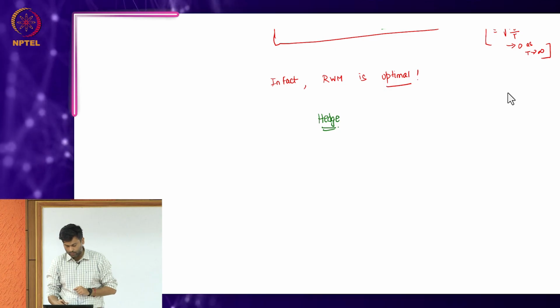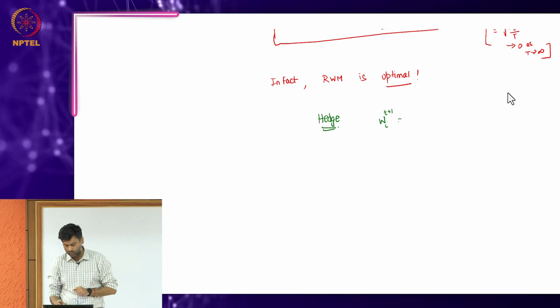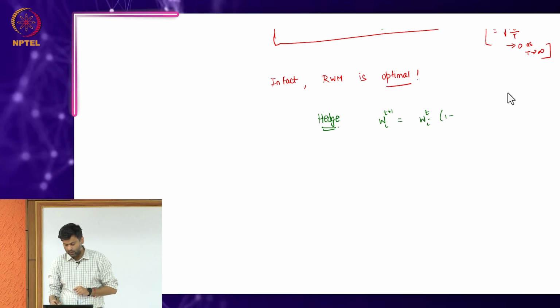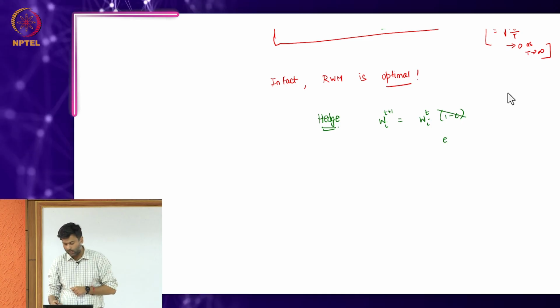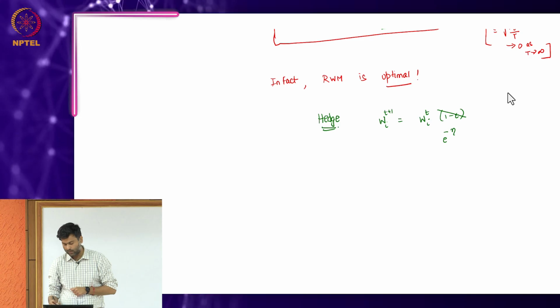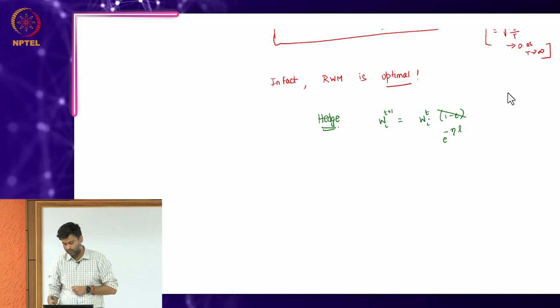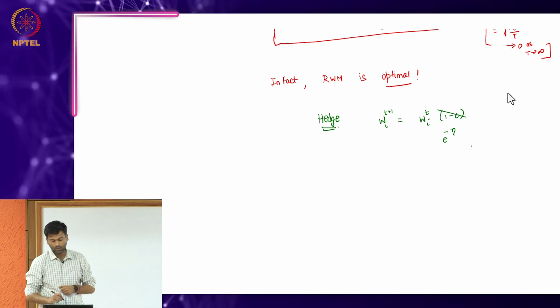Hedge would do only one thing differently: W t plus 1 of i is W t of i times, instead of 1 minus epsilon, which is what we were doing to reduce the weight, it would reduce it as something like e to the minus eta times the loss, right. So basically you can think of it as e to the minus eta in this particular case.